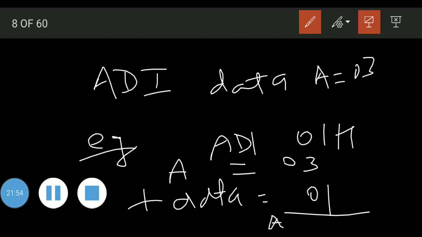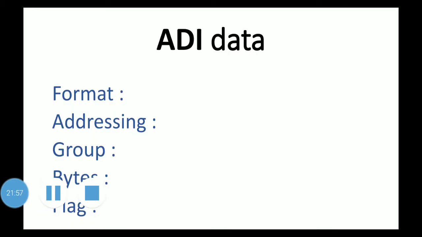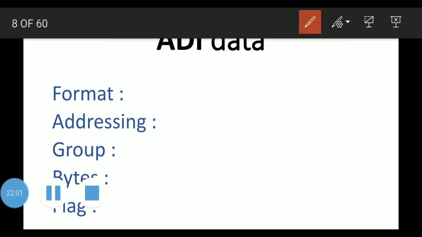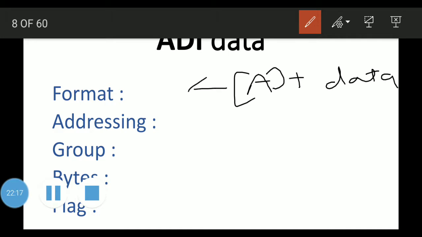Let us see the format of how to represent ADI data. It is represented using this format. A is the accumulator. The content of the accumulator will be added with the 8-bit data, and the result will go into the accumulator.